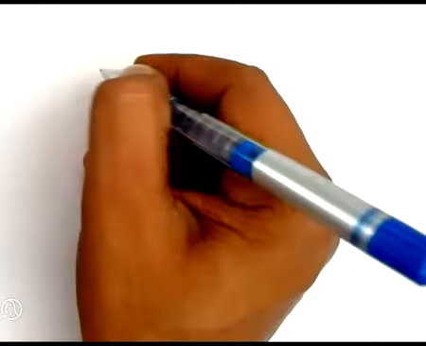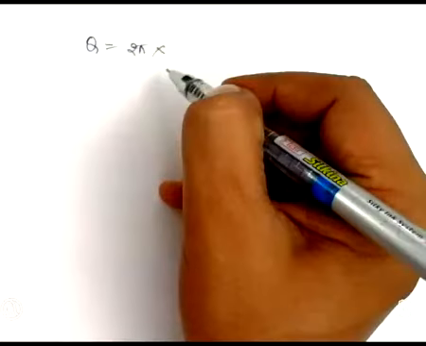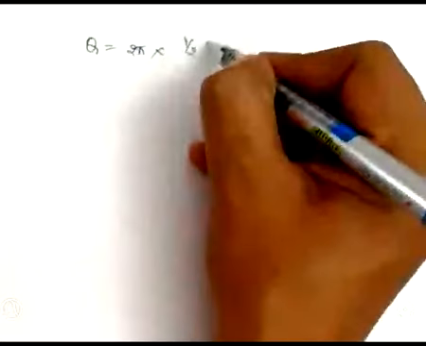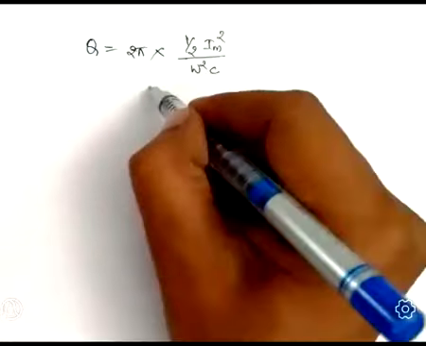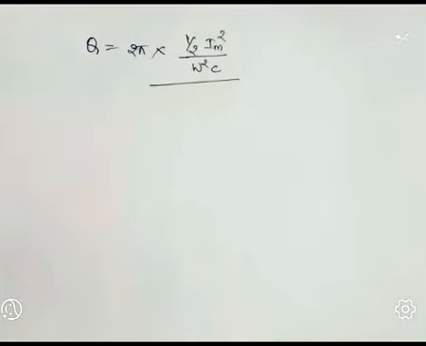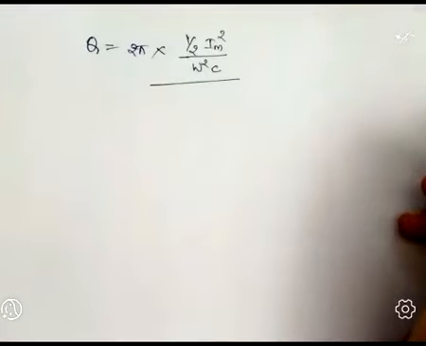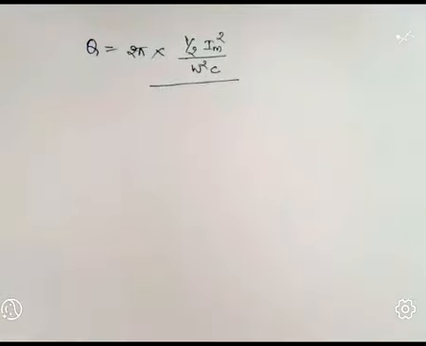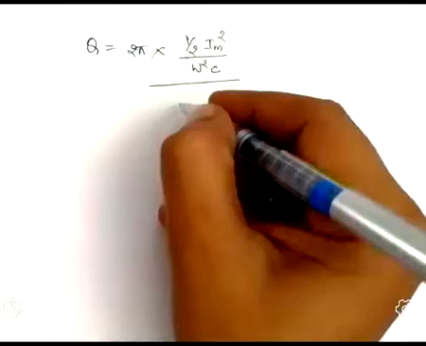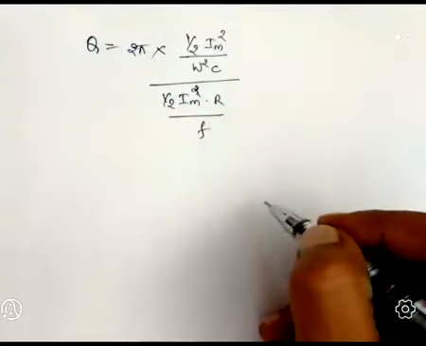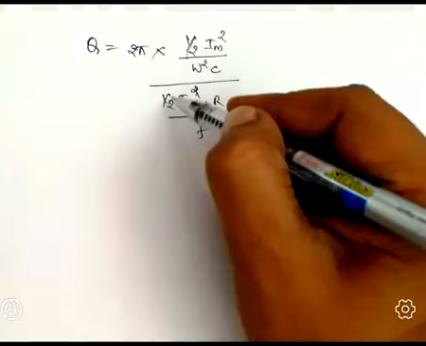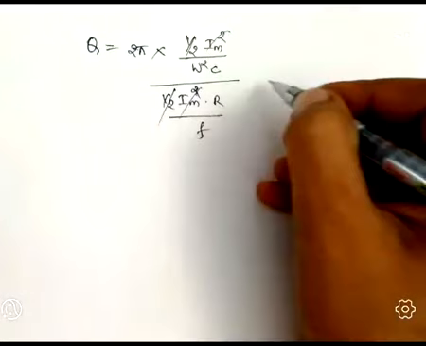Then Q equals 2 pi into 1 by 2 Im square divided by omega square C, whole divided by the energy dissipated, 1 by 2 Im square into R divided by F. Further simplification: 1 by 2 cancels, Im square cancels, and F goes to the numerator, so it becomes 2 pi F.